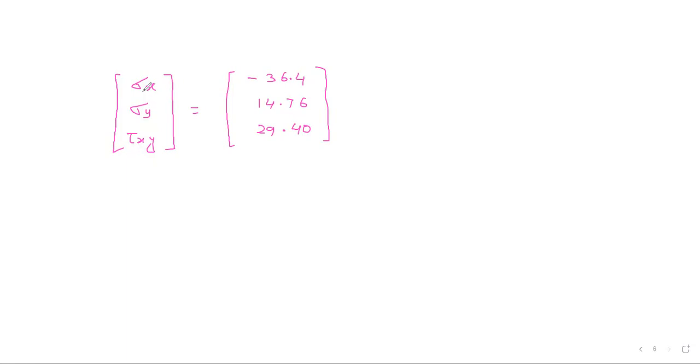So can't you say the sigma x value from here? Yes, obviously. From here, what is the value of sigma x? Sigma x value is minus 36.40. Now what will be the unit? See, everything we have taken in Newton for load and mm for length, so Newton per mm square.